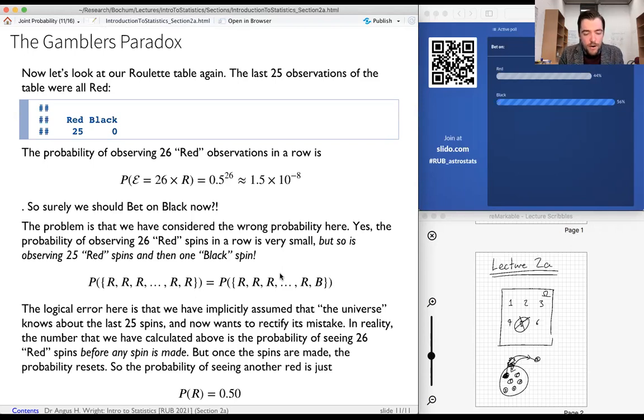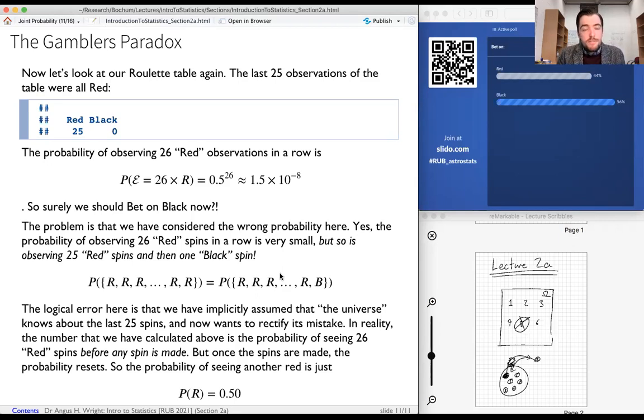A statistical paradox is something that we're going to see quite a bit of in the course of this lecture series, mostly because I really enjoy them, but also because they're very important for fortifying our intuition against statistical anomalies. The gambler's paradox basically proceeds like this.